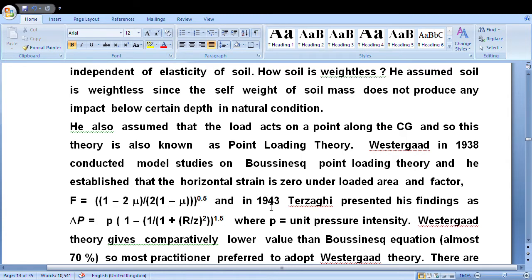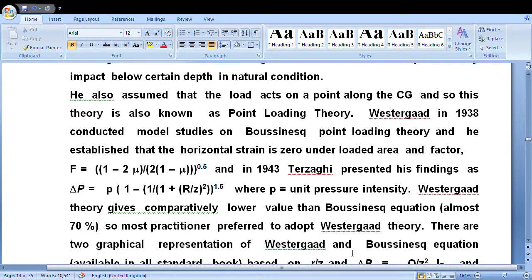And in 1943, Terzaghi presented his findings, and this is the equation where P is the unit pressure intensity. Westergaard theory gives a comparatively lower value than the Boussinesq equation, almost 70%.